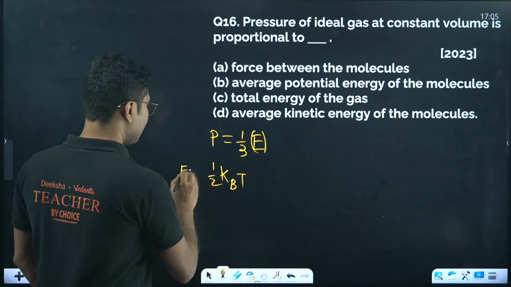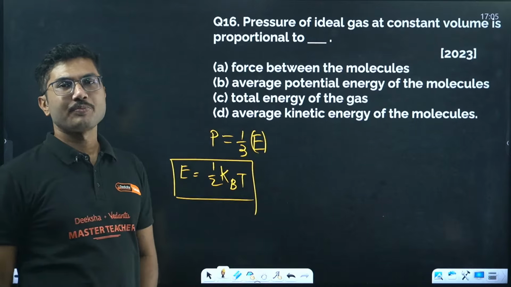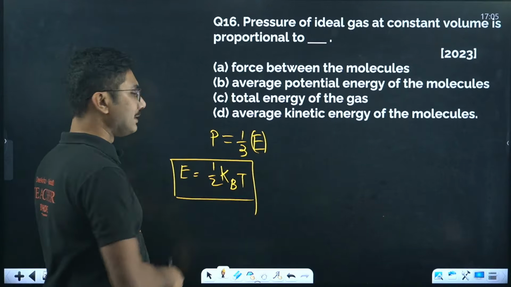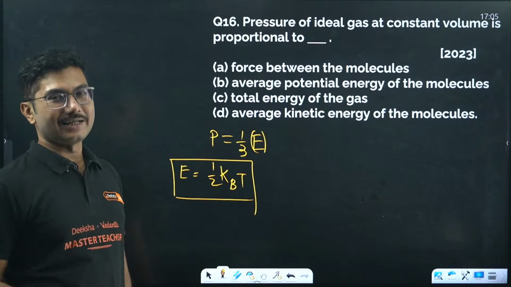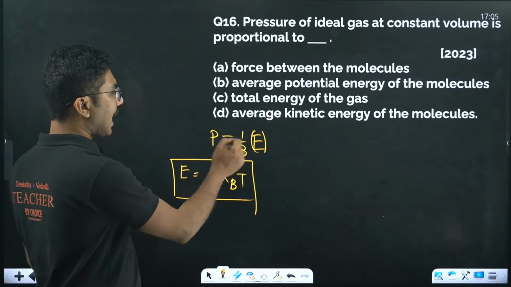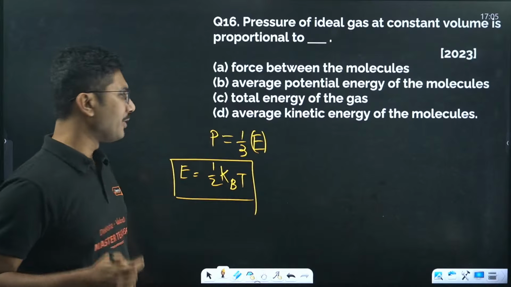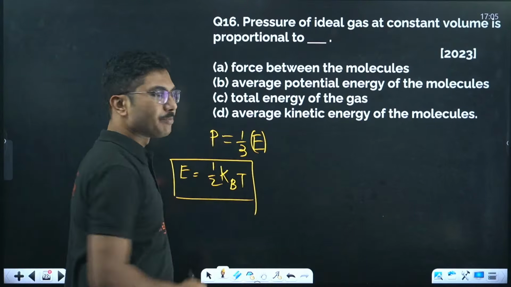This is the average kinetic energy per degree of freedom per molecule, right? That is equipartition of energy. Average kinetic energy per degree of freedom per molecule is given by this, and pressure is related by exactly one third or two third, I don't remember, but this is the relationship between pressure and energy.